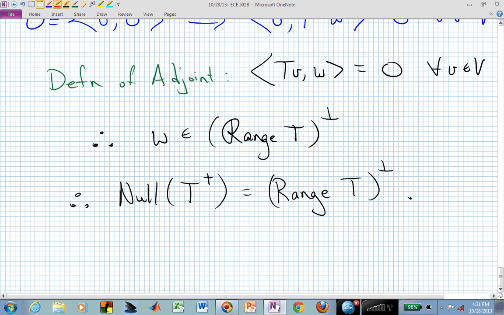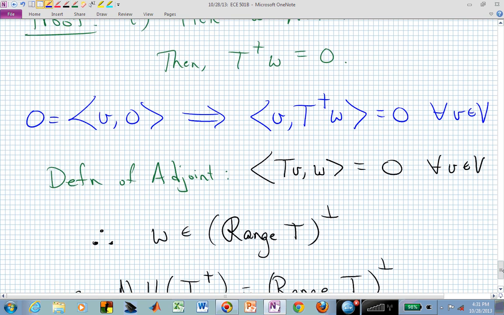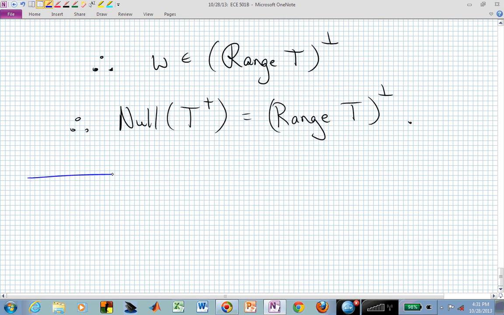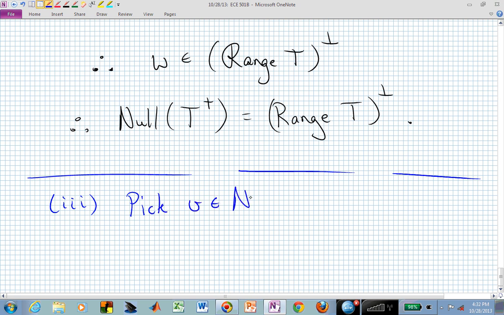If we looked at 3, that's also dealing with the null space, and we'll see where that takes us. So verifying or proving step 3, now we can pick a V in the null space of T, just like we did before.